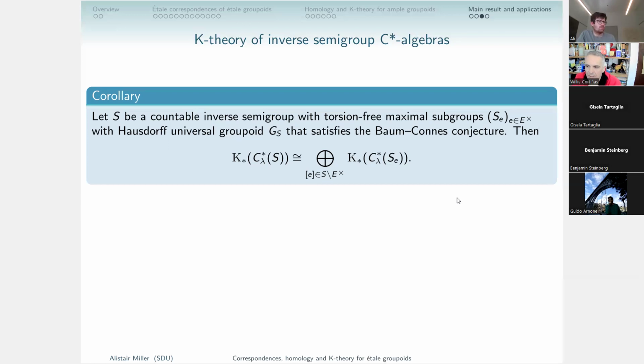And I don't know. On the other hand, in the recent paper by Bartels and Lück, where they prove a version of Farrell-Jones for Hecke algebras, they are similar to groupoid algebras in the sense that they are compactly supported continuous functions on a space that is totally disconnected and so on.